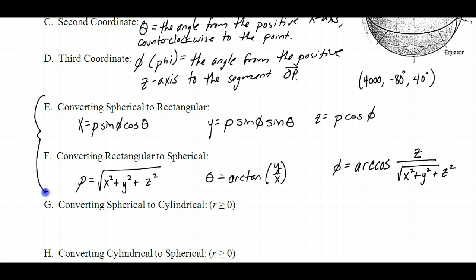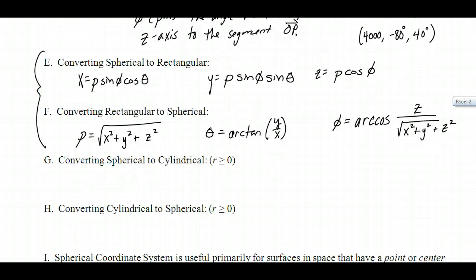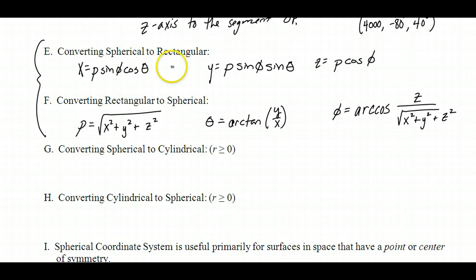I keep these two memorized because I always figure I can always go to rectangular, and then I can go from rectangular to cylindrical pretty easily. So these next ones, I don't deal with them. I always say if I can make it rectangular, I can figure out anything from there. But if you're good at remembering things, from spherical to cylindrical, we need r, theta, and z.